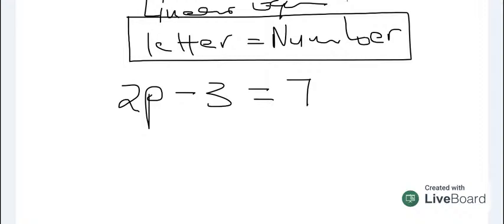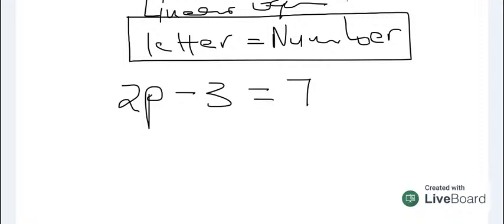It is a linear equation. How do I know that it is a linear equation? Because when you look at all the letters that you are given, all of them, they are to the highest degree of 1. So that means whatever letter that you are given, the exponent of those letters must be 1. If all the letters are to the exponent of 1, then it means it is a linear equation.